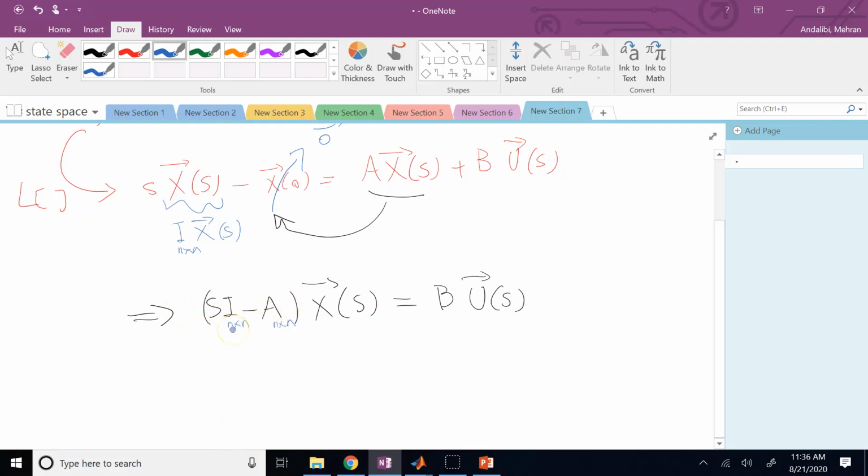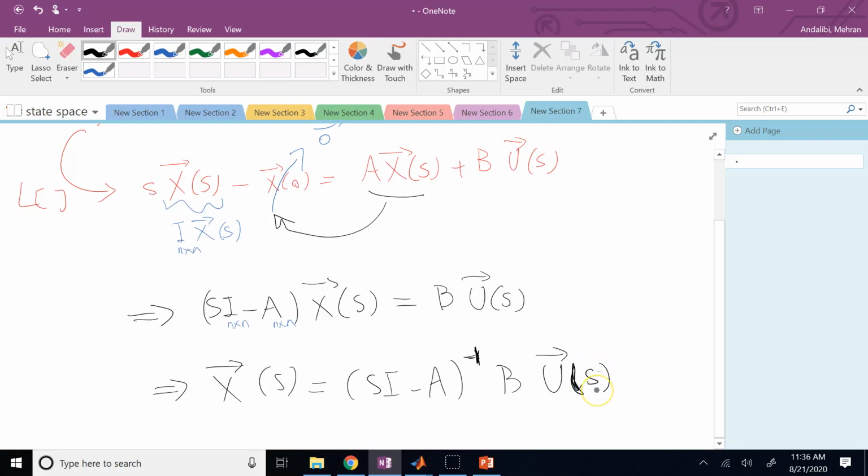Now I can subtract two similar matrices. And now I multiply both sides by the inverse of this matrix. So you will get X(s) to be what? Inverse of this guy, correct? Times B times U(s).